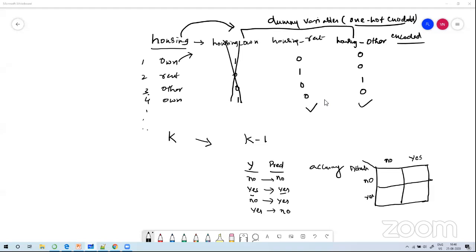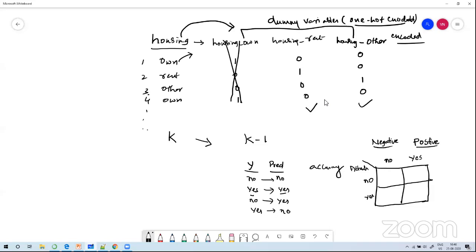So if we predict a yes, it's called a positive prediction. So this is positive. If we predict no, it's called a negative prediction. And there is a reason for it. For example, take any diagnosis, like a COVID test.